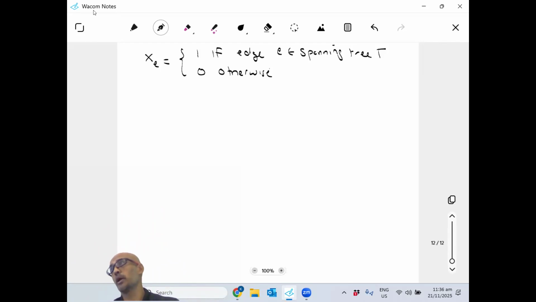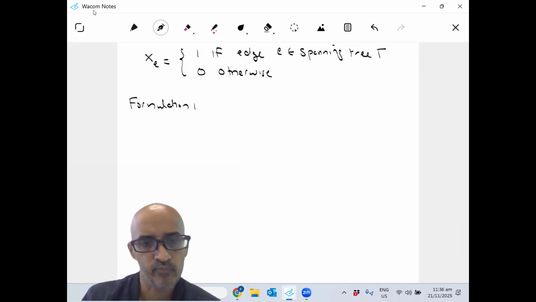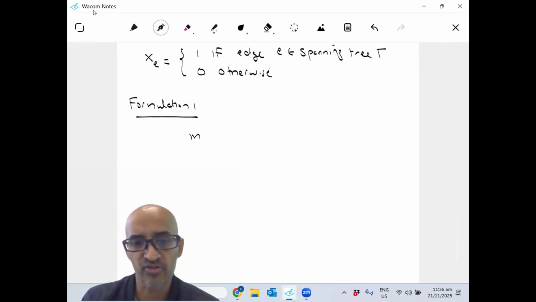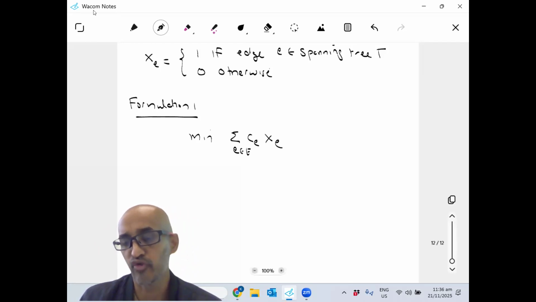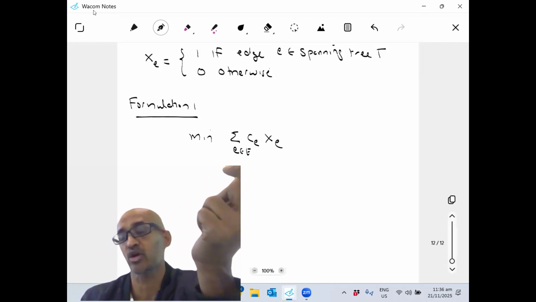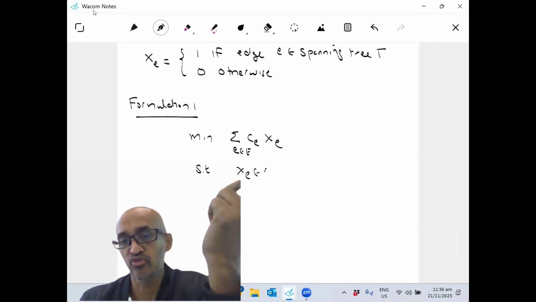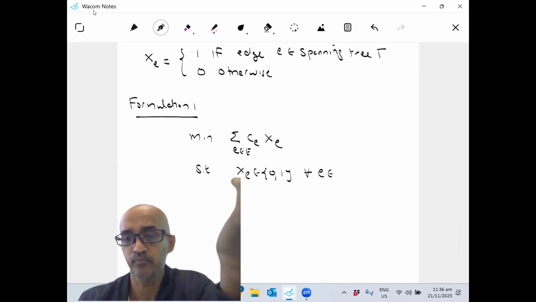This is the natural variable for a spanning tree problem. So the first formulation, formulation 1, is to minimize the total cost across all edges. If you take a particular edge e in the spanning tree, you pick up the cost c_e, subject to: you decide to either keep an edge or not keep it in the spanning tree.